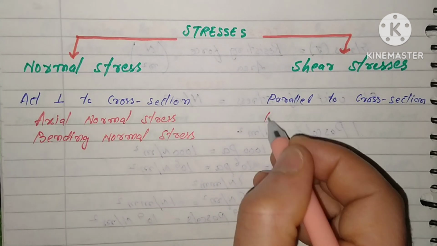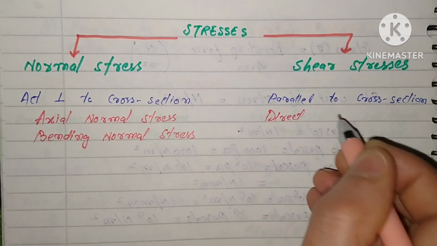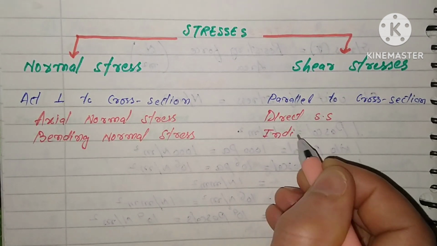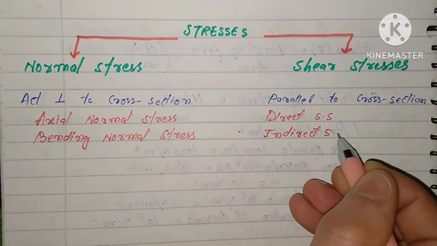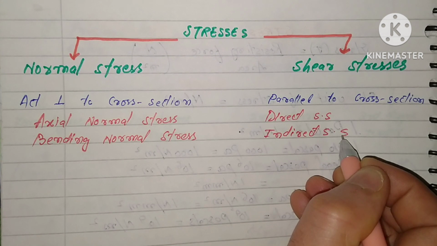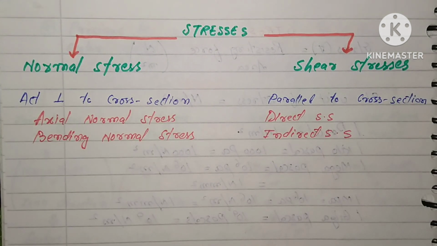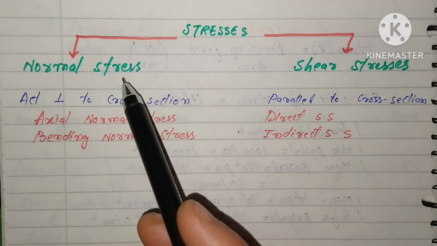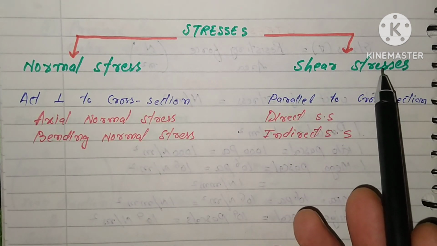Shear stress can be direct shear stress or indirect shear stress. Now we will discuss them one by one. First we will take normal stresses and after that we will take shear stresses.